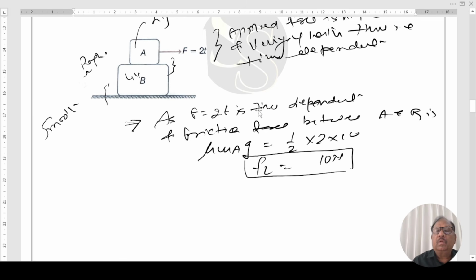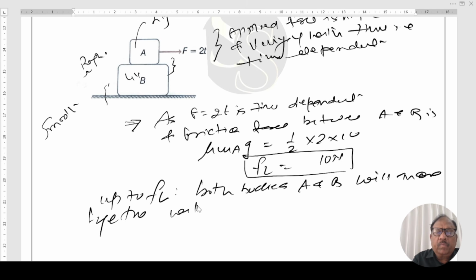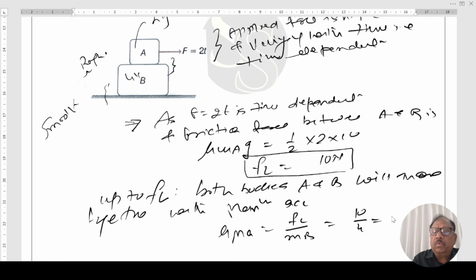Now, up to F_L, both bodies A and B will move together. Up to F_L, they will move together with maximum acceleration given by a maximum equal to F_L divided by m_B.